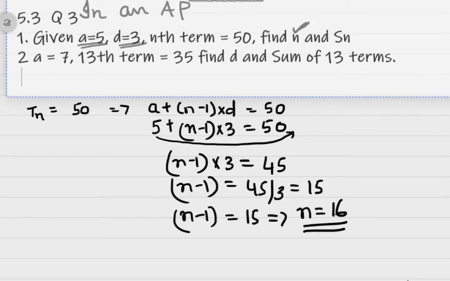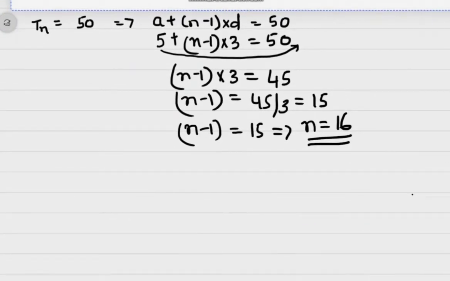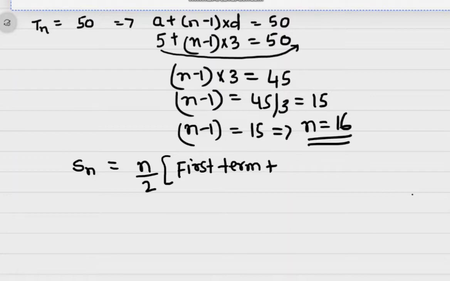Now how will you calculate the value of Sn, means the sum of n terms? Now what is the formula for the sum of n terms, children? Sum of n terms Sn will be equal to n by 2 into (first term plus last term), first term plus nth term.